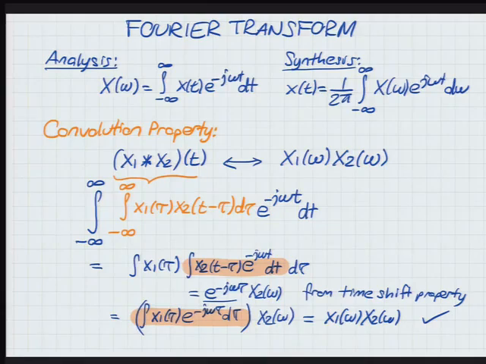Let's take the derivative of both sides of the synthesis equation with respect to t. So dx(t)/dt, according to this expression, is 1 over 2 pi integral. Nothing happens to X(omega) because it doesn't depend on t. The only thing that depends on t here is this, right?